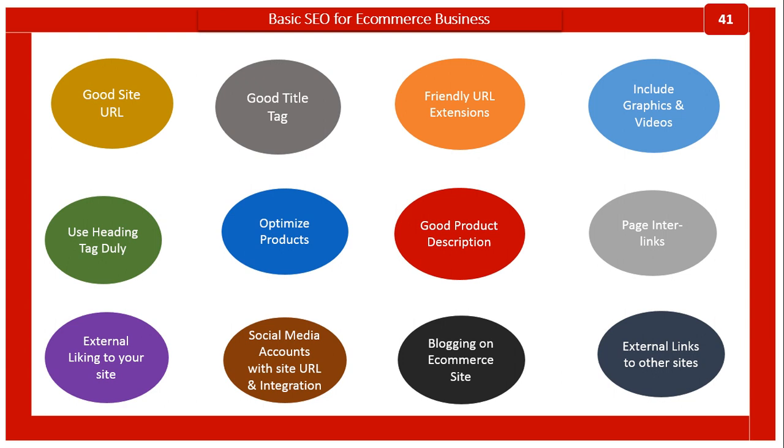So the next one, we've talked about external linking for your site. The next one is social media accounts with URLs and integration. It's a two-way thing. On your website, consider having your social media accounts with a URL to each social media page. Include a Facebook page, an Instagram page, a Twitter page with a link. People can click it from there. Also, on your Instagram page, consider including the site link. So this is like an interlinking between your e-commerce site, social media platforms and your site.